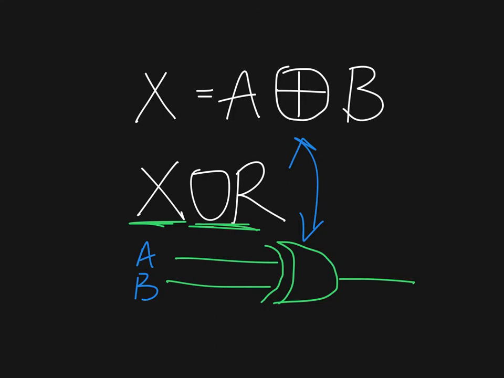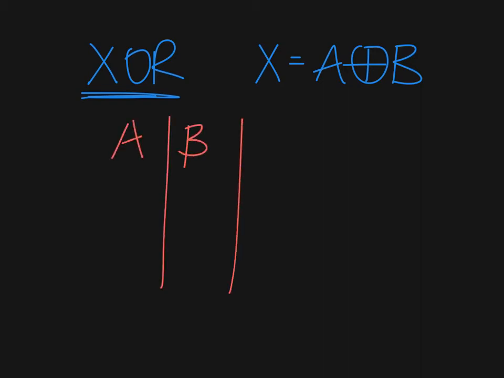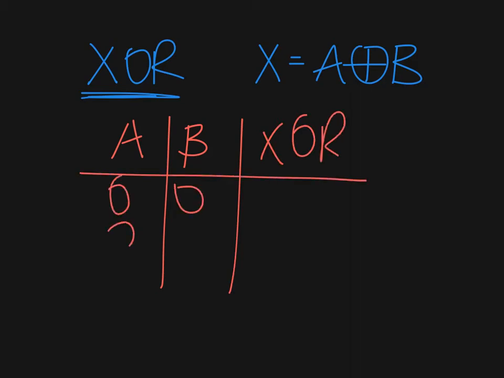So next, let's have a look at the XOR truth table. Remember, X is A XOR B. So what does that look like? It looks like this. There's your input A, there's your input B, there's your XOR output, and the combinations are 0 0, 0 1, 1 0, 1 1.